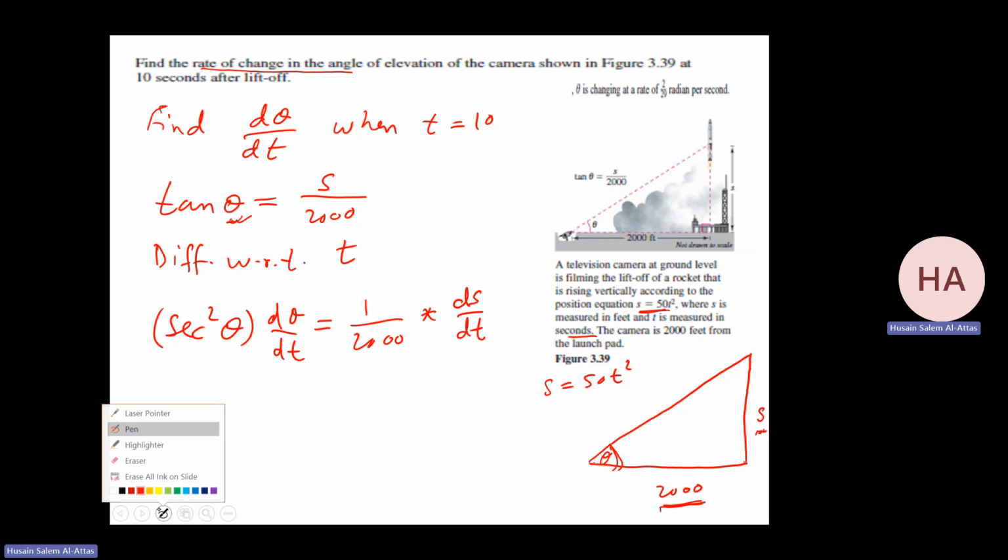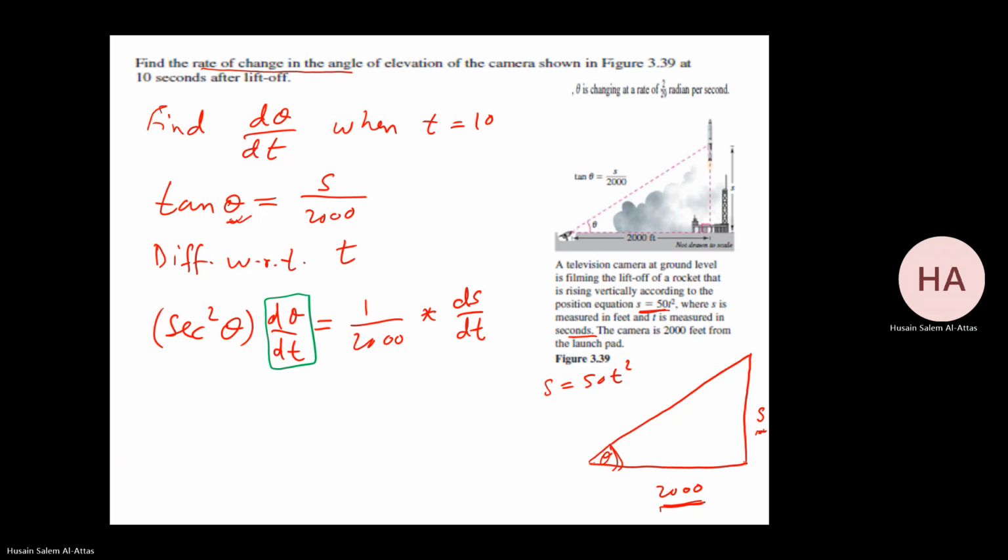So what are the things given? This is unknown, this is what I'm looking for. I have S, which he gave me as a formula, 50 t squared. So dS/dt will be 100 t.